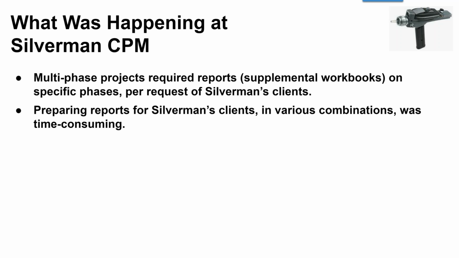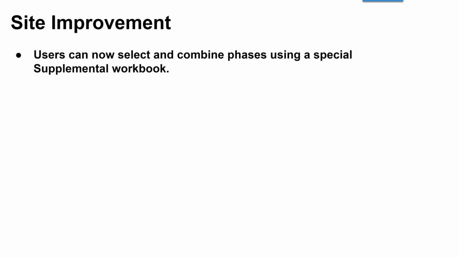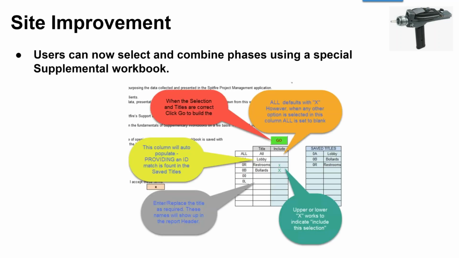So what we did at the site improvements here, if you just want to pop along to the next slide, is we took one of their standard supplemental workbooks as a starting point. We then added in a grid component here. You can see it in the center where all the little bubbles are pointing. That grid is populated based on the actual workbook, the BFA document, that it was supported from, so the grid populates automatically.